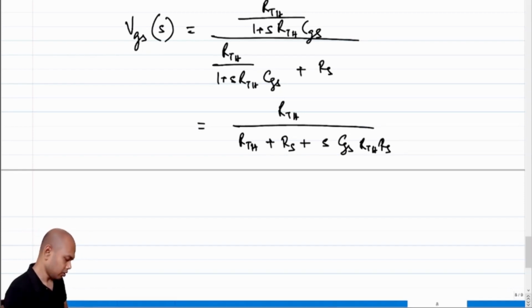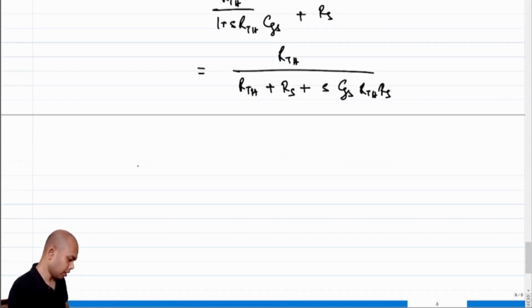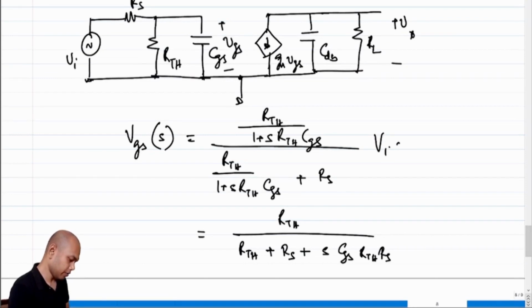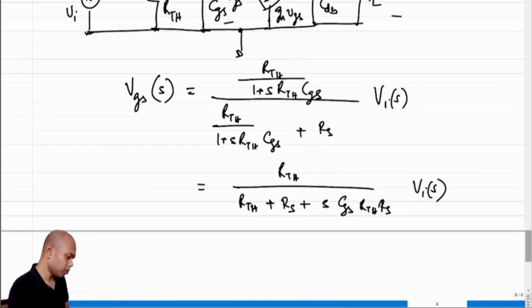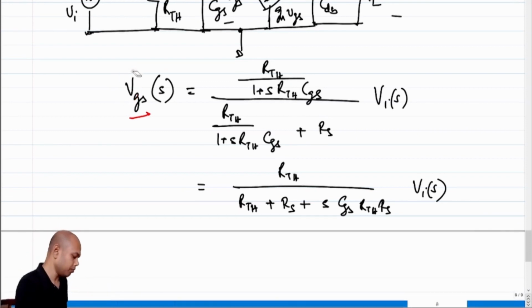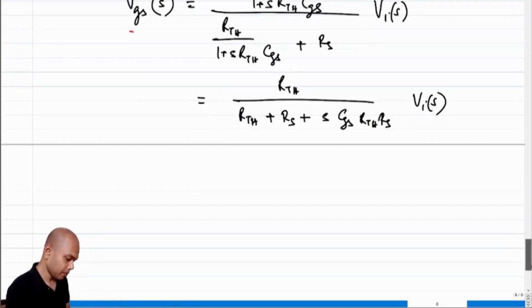Sorry, I missed Vi, so this is Vi of s. Also, please mind the notation. Here we are switching back to capital V with small subscript, because we are now in the phasor domain, the transform domain. These are Laplace domain or Fourier domain. We'll soon go to the Fourier domain.